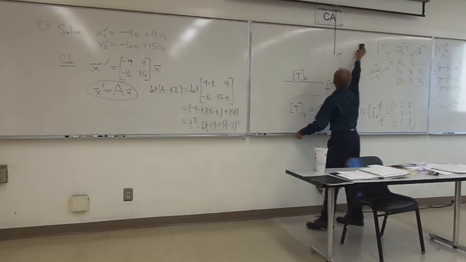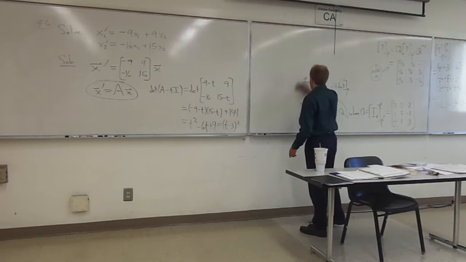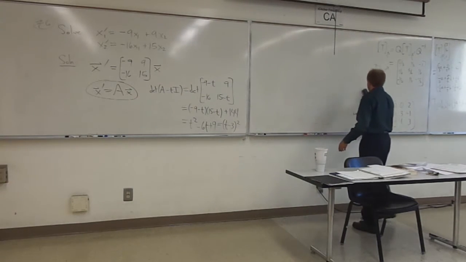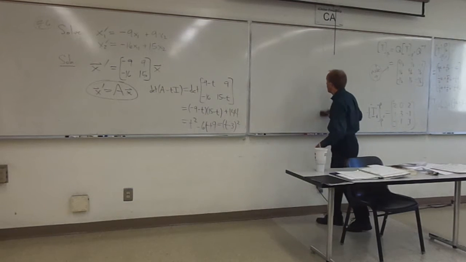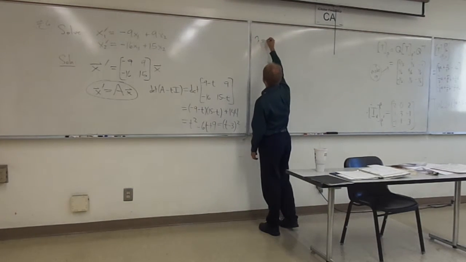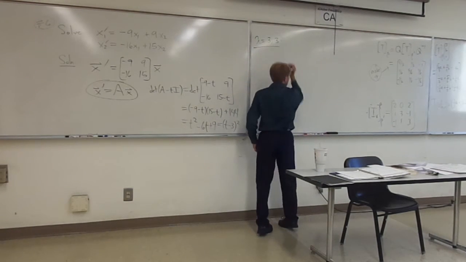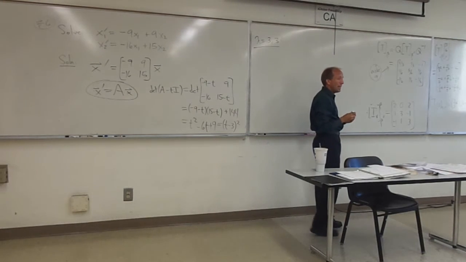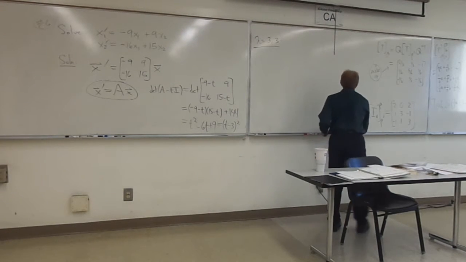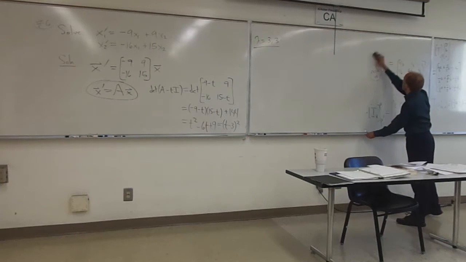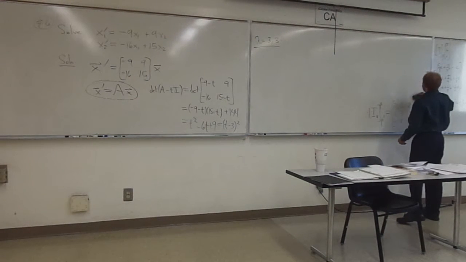So what are my eigenvalues? 3 and 3. Always write down the repeats. If something's repeated, you should write it down as many times as is repeated. Okay. So what do we need to do next?